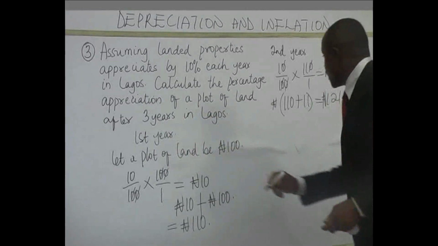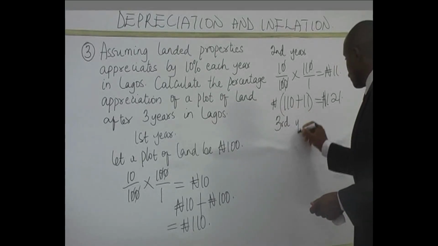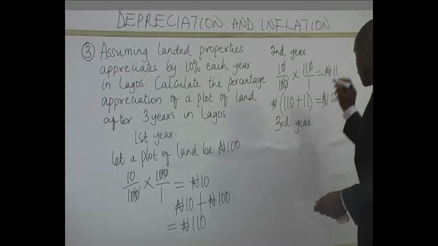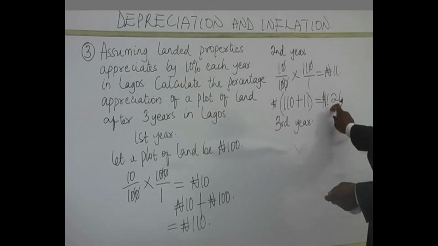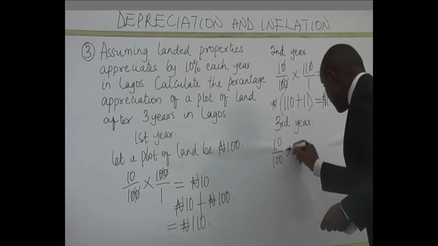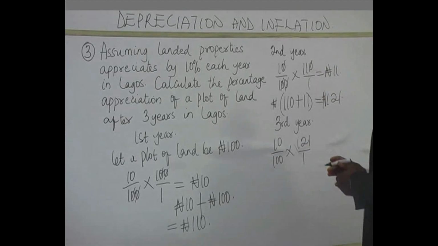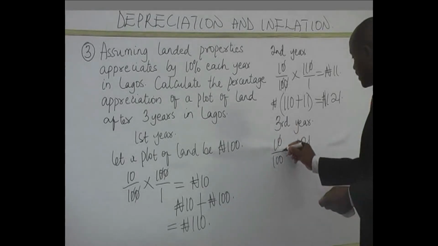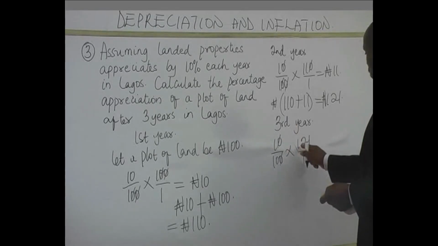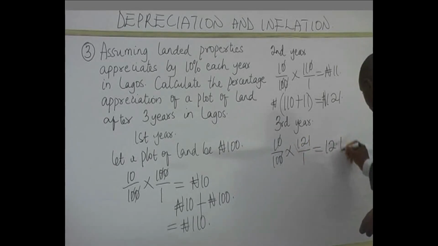The third year, which is the last year now, the third year, this is the value. So 10% of the new value now after 2 years, 121. So you can cancel this, 121 divided by 10 will give you 12.1.